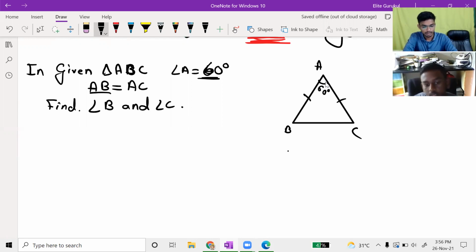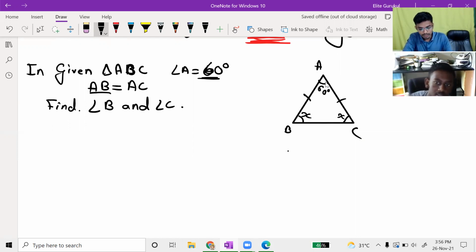Now tell me, this is an isosceles triangle, yes or no? Yes, sir. So both these angles will also be equal to each other. But we don't know the measurement of these angles, so we will consider it as x degree.